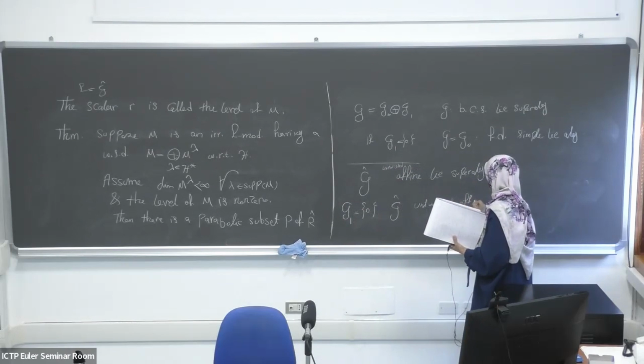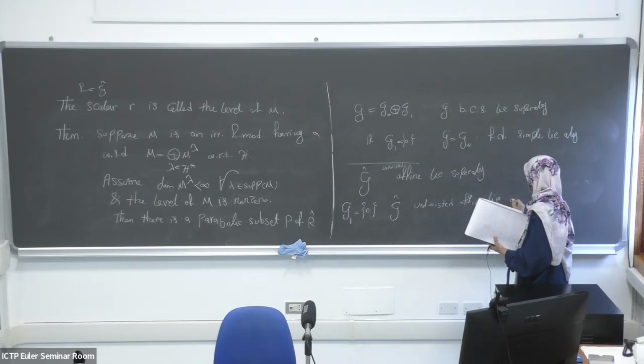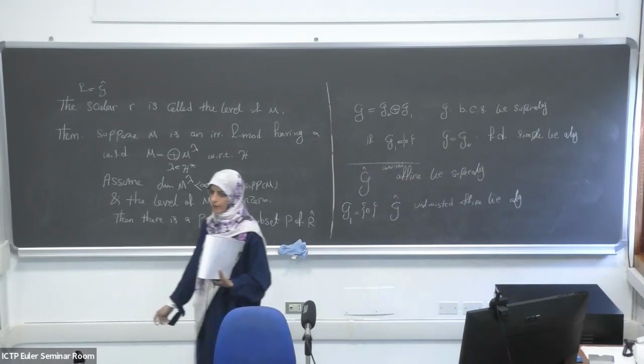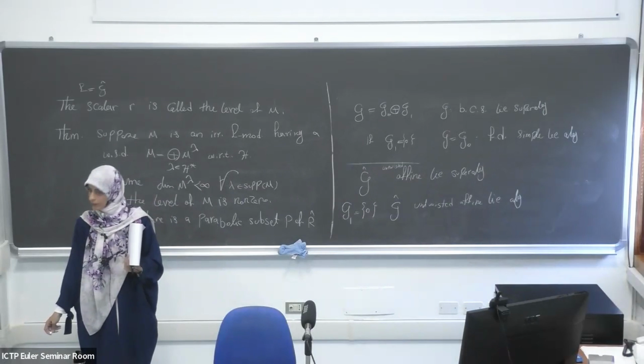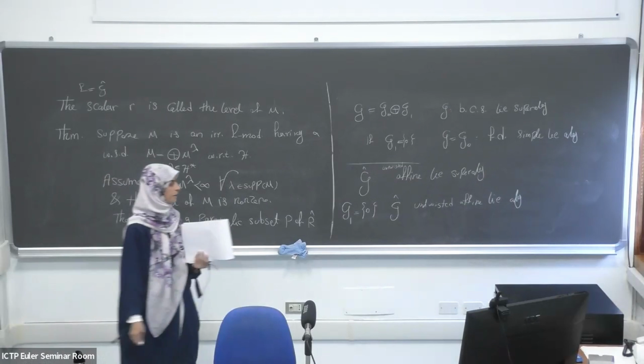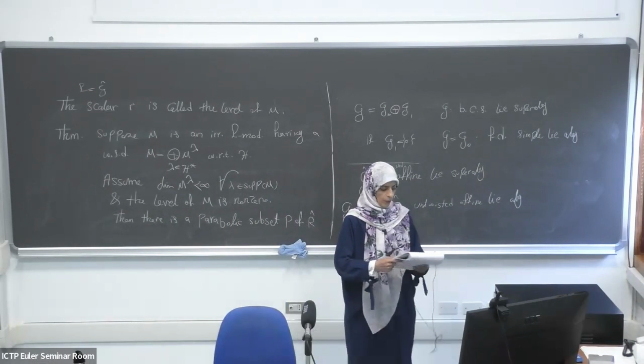There are no degree 1 elements, so the regular Jacobi identity works. Yes, exactly.